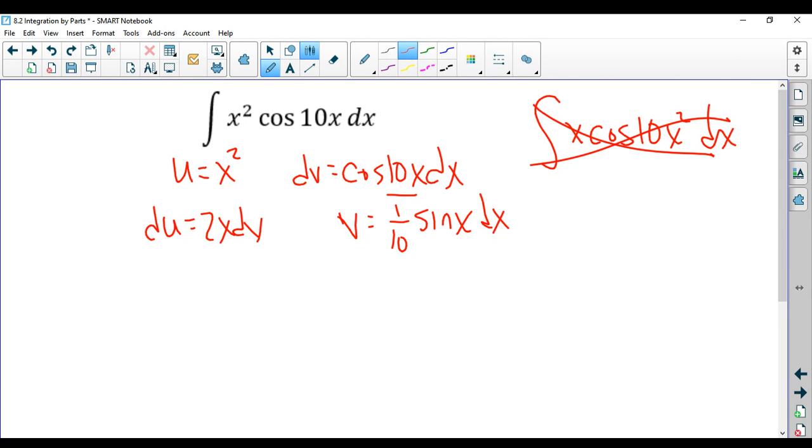And now we just write our integration by parts formula. It's uv, so u, let's simplify as we go on, v. Oops, I made a little mistake here. dx should not be there. My mistake.